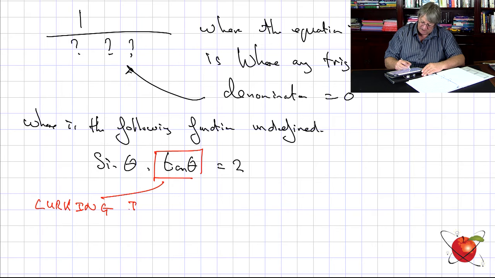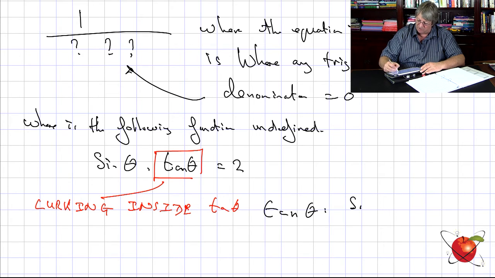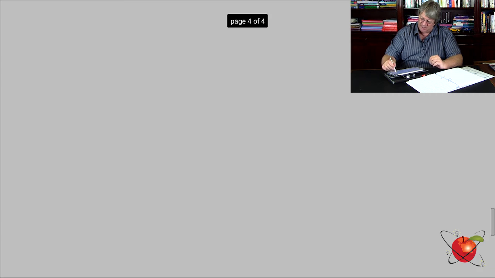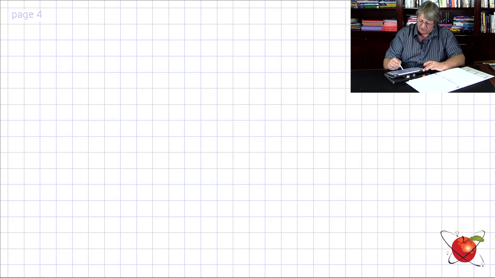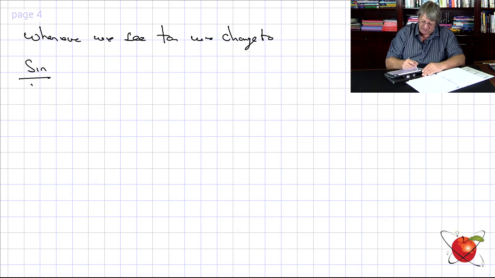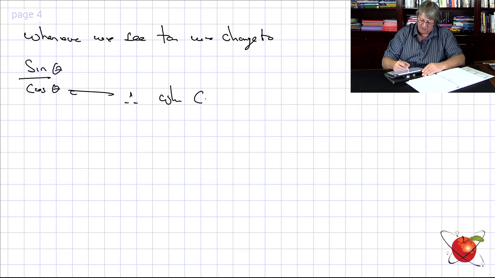Lurking inside tan theta is this. Remember, tan of theta is sine theta divided by cos theta. So whenever we see tan, we change to sine over cos theta or x or whatever, and therefore where cos theta equals 0, it's undefined.